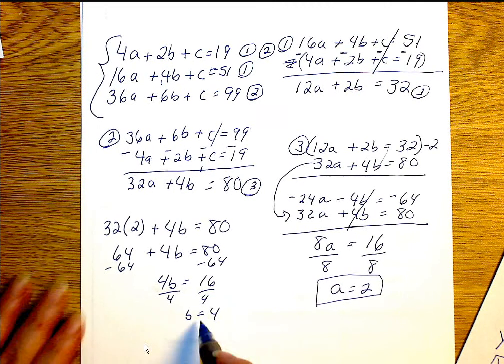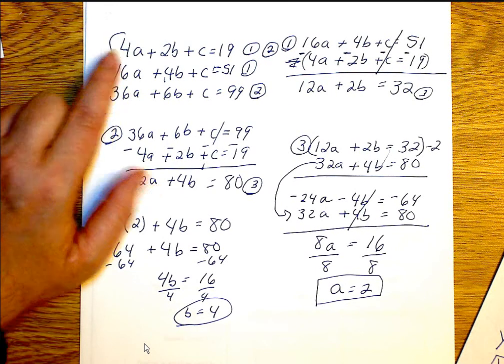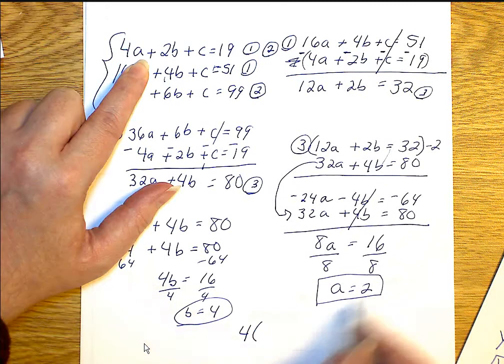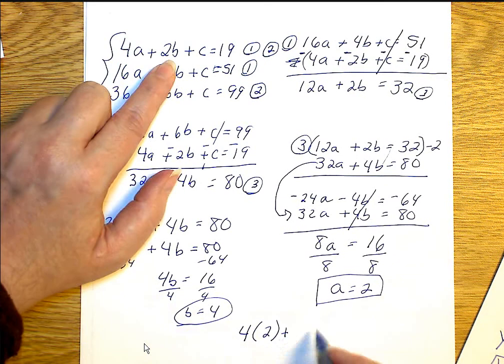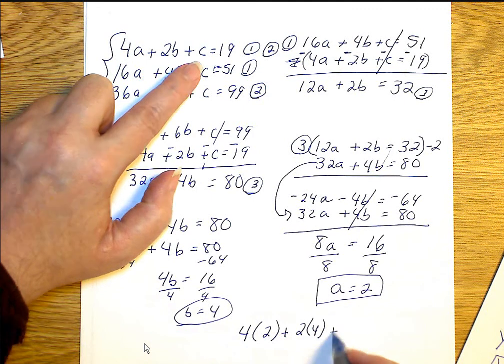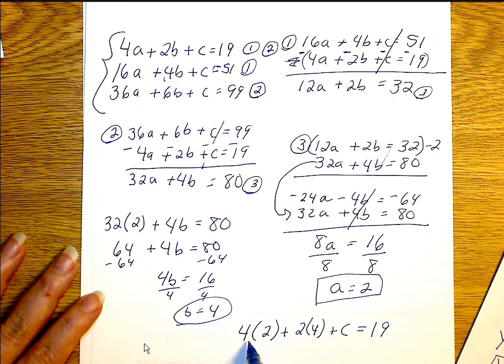And now the last one is we have to find out what c is. Well, it says that 4a, so 4 times 2, plus 2 times b, which is 4, plus c is equal to 19. So we have 8 plus 8 is 16, plus c is 19.